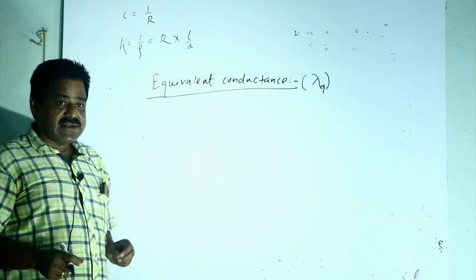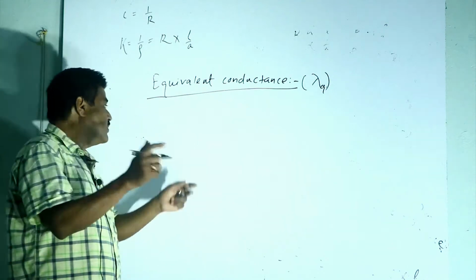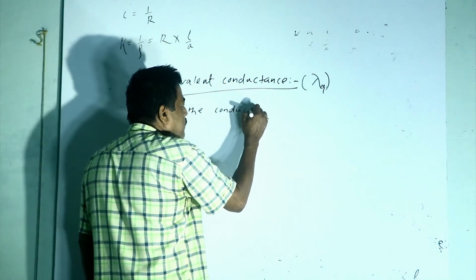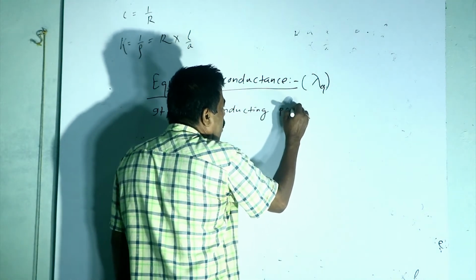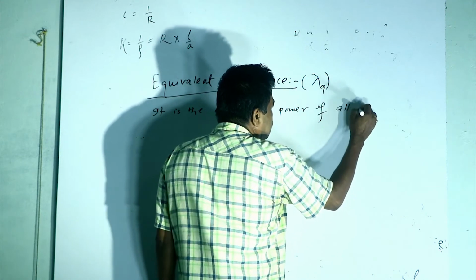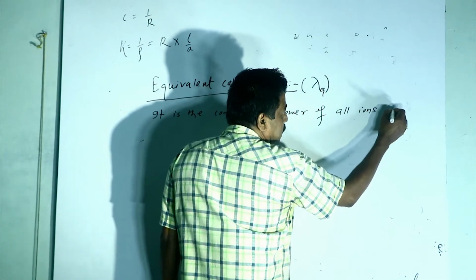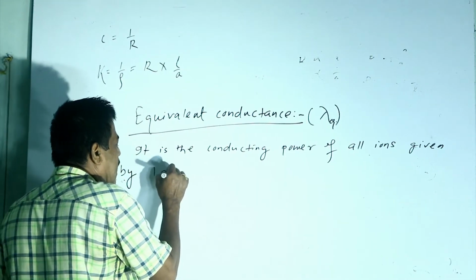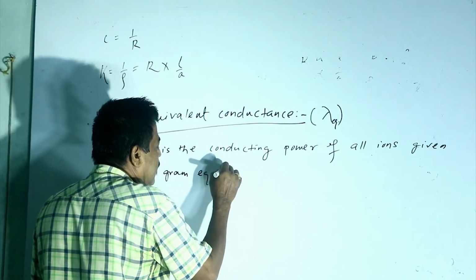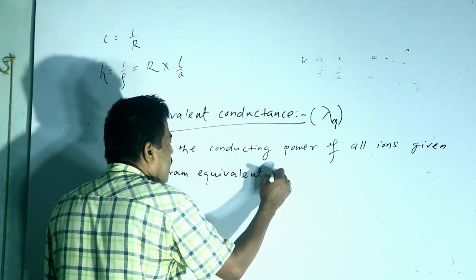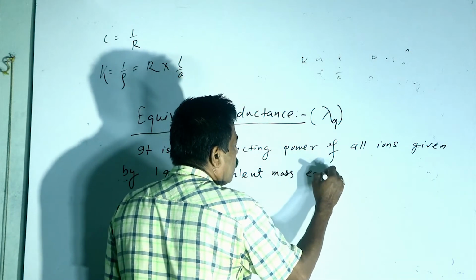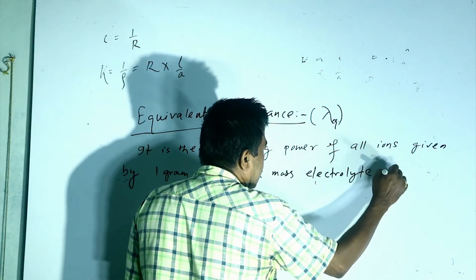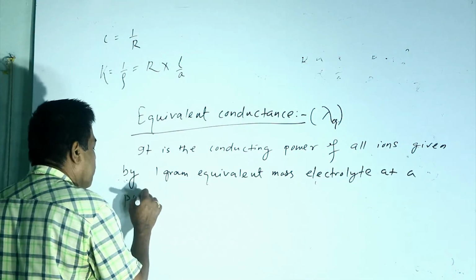Equivalent conductance is the conductance or conducting power of all ions given by 1 gram equivalent mass of electrolyte at a particular temperature.